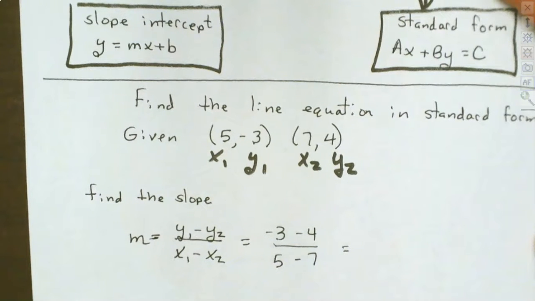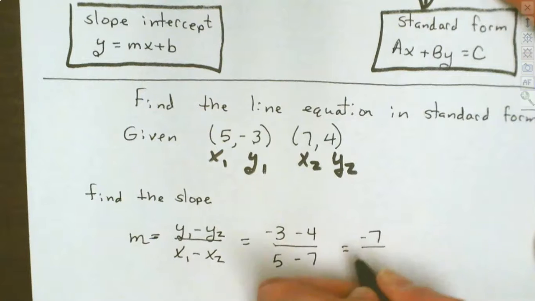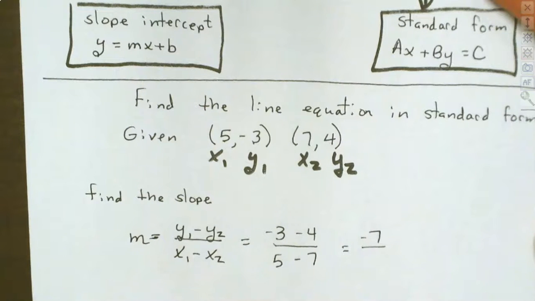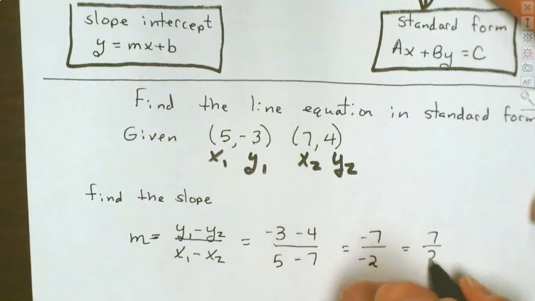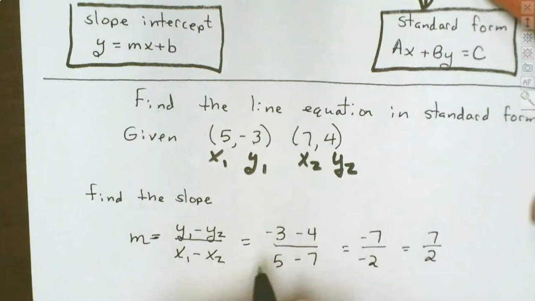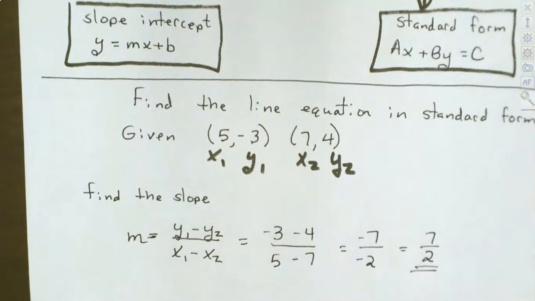Minus 3 minus 4 makes it a minus 7. 5 minus 7 makes it a minus 2. Negative and negative, that makes it a positive. So my slope now is positive 7 over 2.